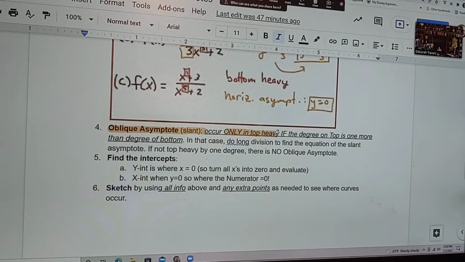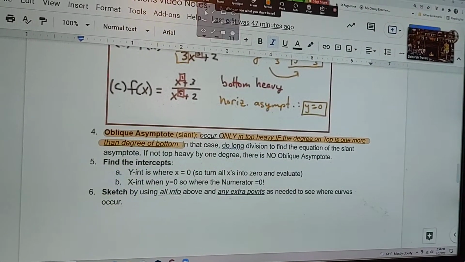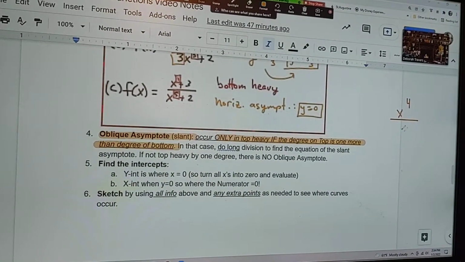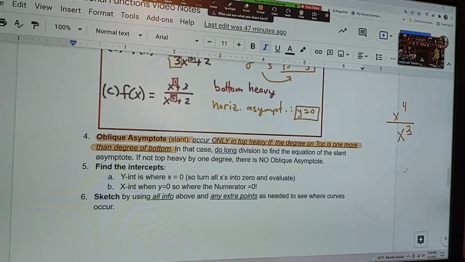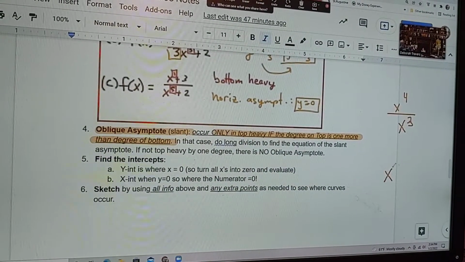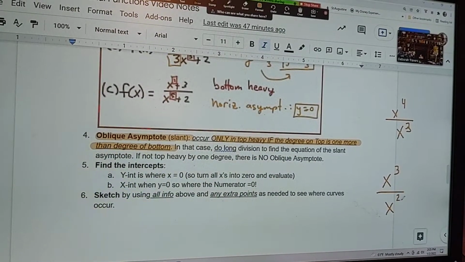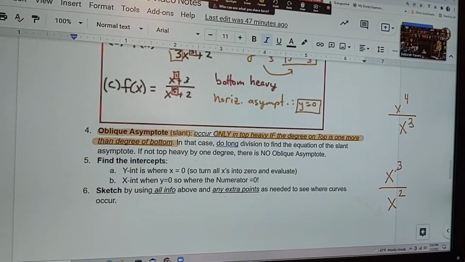So only if the degree on top is 1 more than the degree on the bottom. For example, if your top was something x to the 4th over something x to the 3rd, a slant asymptote exists there. If your function was x to the 3rd over something with an x squared as the leading, 1 degree top heavy, there would be an oblique asymptote there.